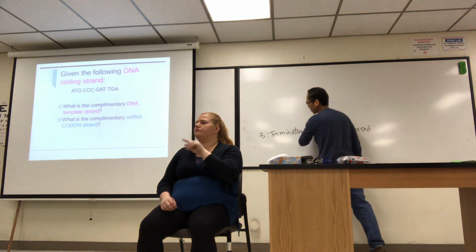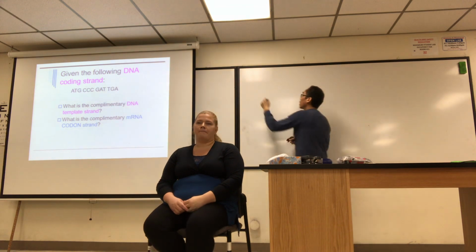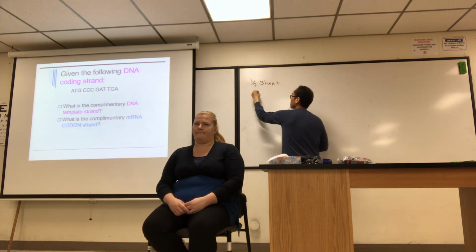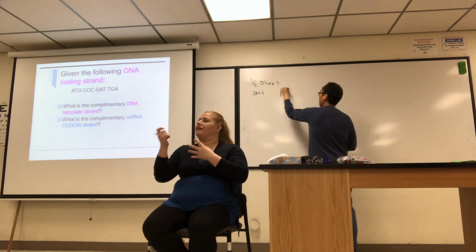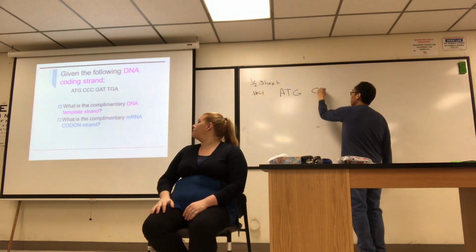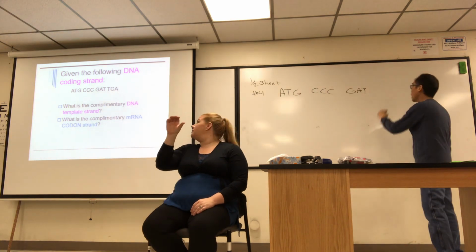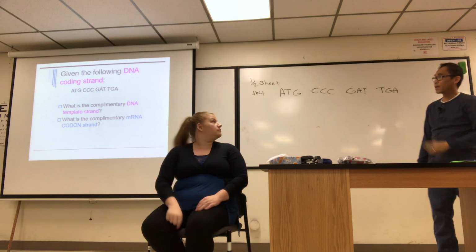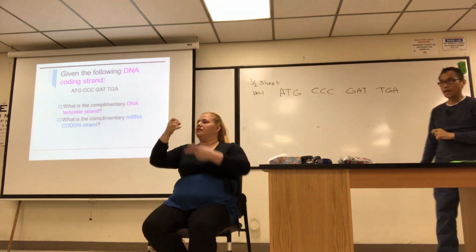Yeah, I think 4 sounds right. Number 4, I give you that: ATG, CCC, GAT, TGA. And I'm calling that the coding strand of the DNA.